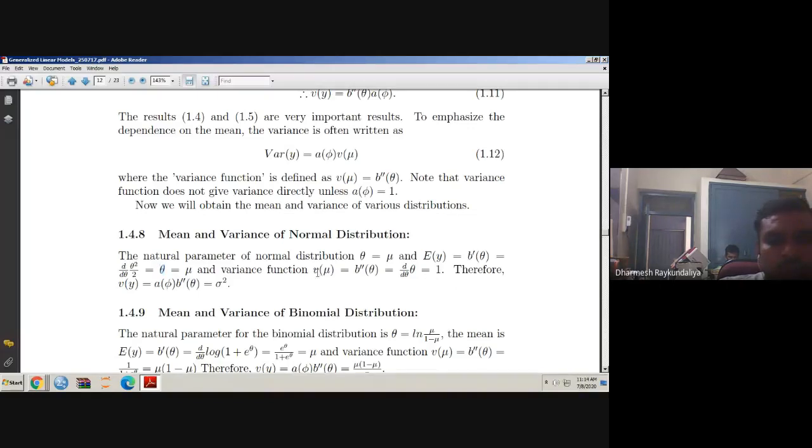So here the variance function becomes 1. And in the normal distribution, we found phi equal to sigma square. So sigma square into 1 is equal to sigma square. So this is the variance of a normal distribution. So we know that the mean of a normal distribution is mu, and the variance of the normal distribution is sigma square. This is what we have deduced by using the mean and variance of the exponential family of distribution.